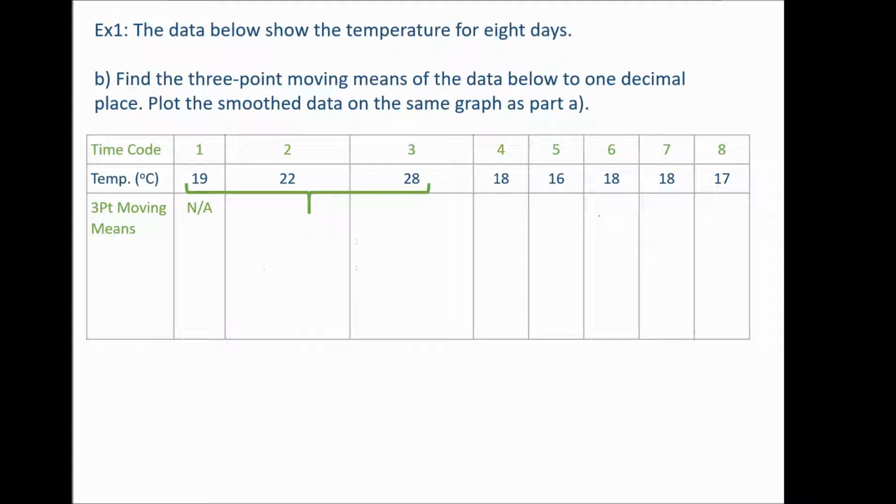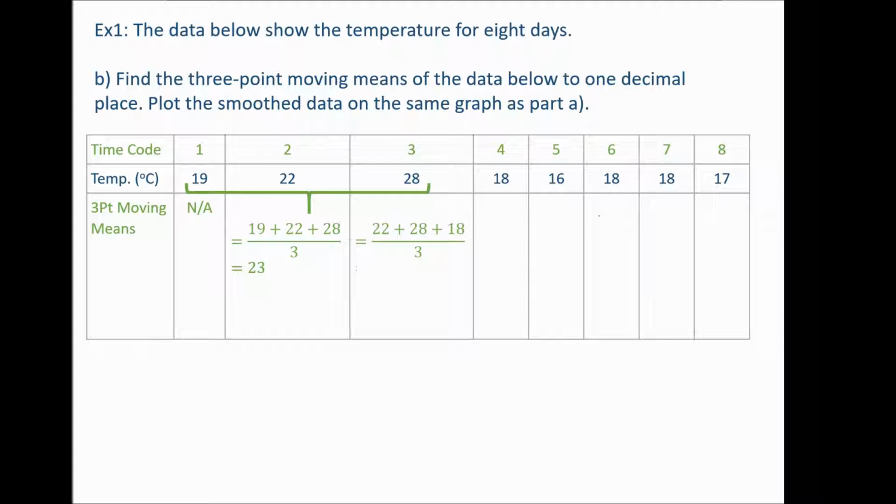I'm going to go from 8 points down to 6. I take the average, we should all know how to do that, add them all up and divide by the total, which in this case is 3, to get 23. So instead of it being 22 at 2, now it's going to be 23.